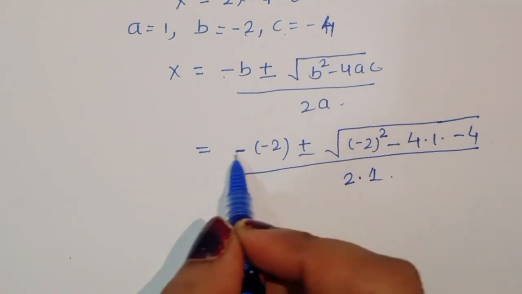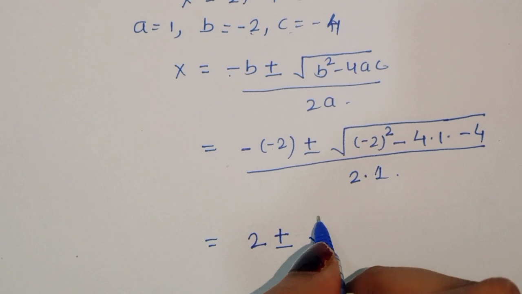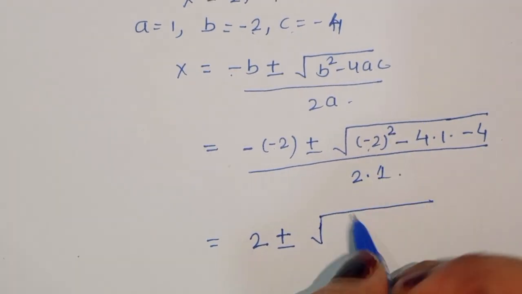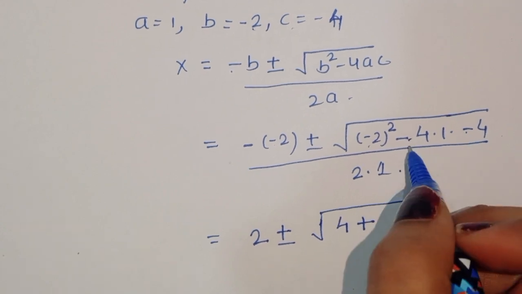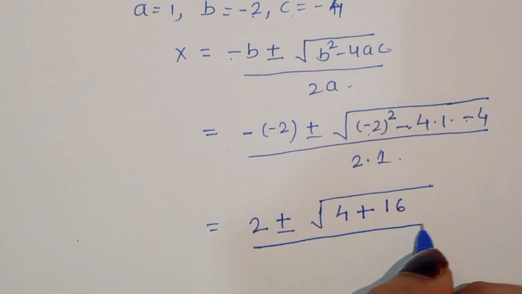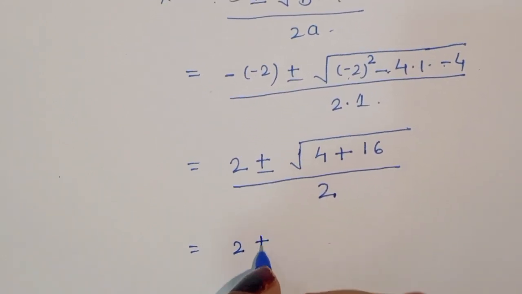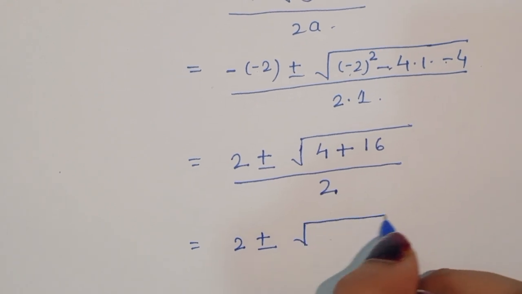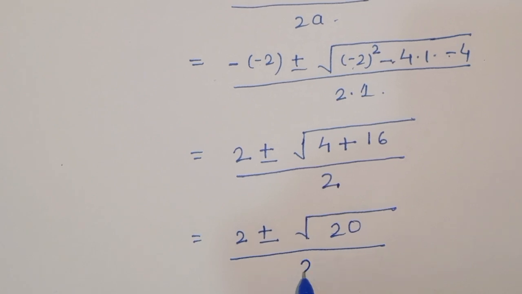This is equal to 2 plus minus square root of 4 plus 16, that is 20, divided by 2.